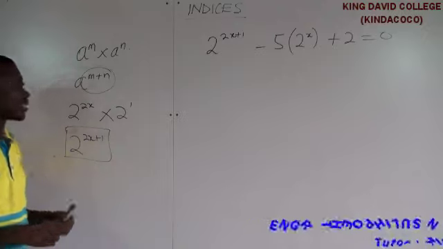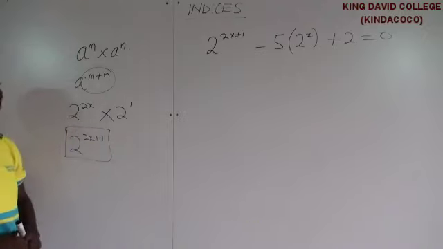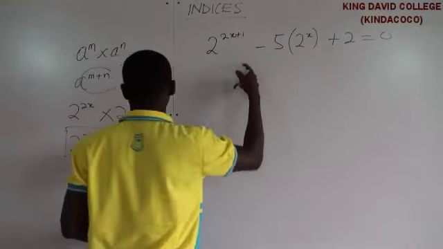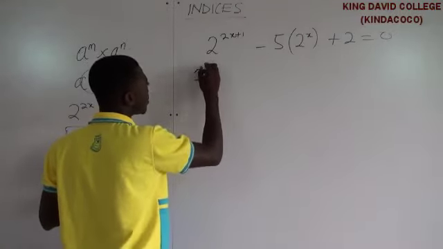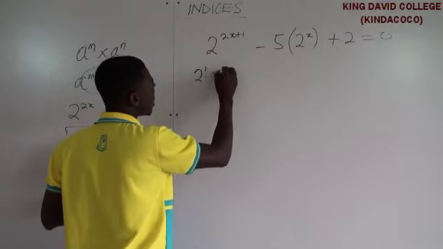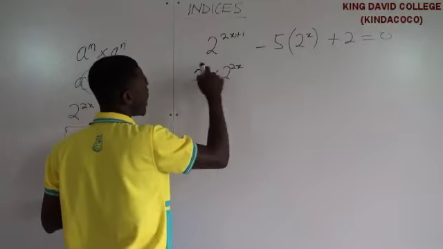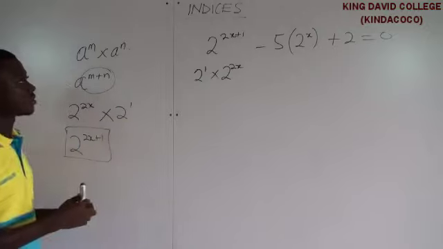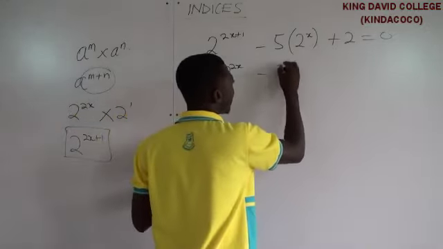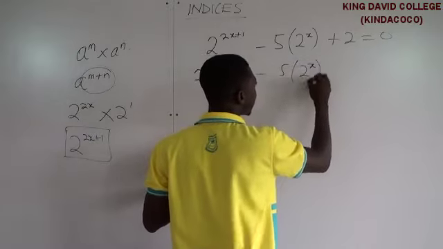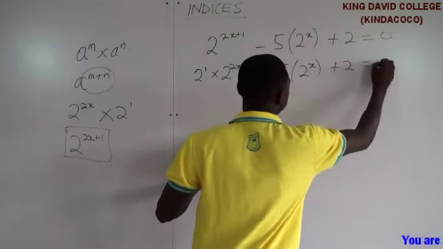So when you master the law, you can easily see that aspect. Okay. So then I'll rewrite this in the form 2 times 2 to the power 2x, and this is the same as now. Okay. Then minus 5 times 2 to the power x plus 2 is equal to what? 0.